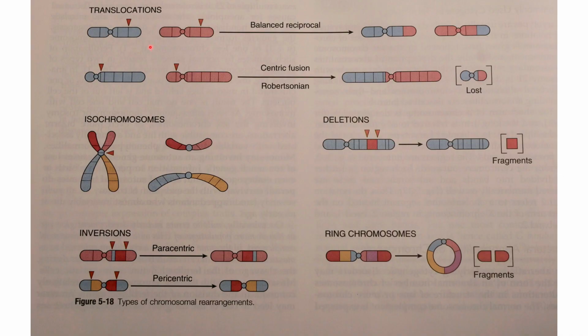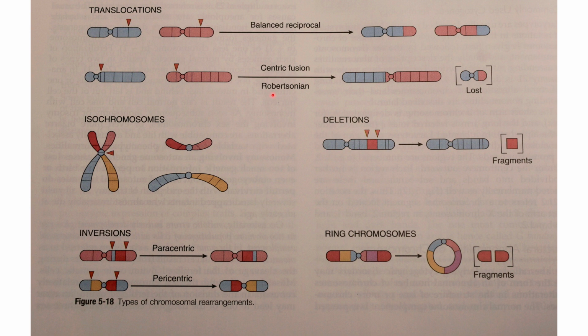So among the various changes you get, you have translocations, where you've got a gene here, a gene there, identical break locations with a balanced reciprocal translocation of material. You can also have centric fusion, the break at this point, the break at the other point, and you can get fusion of all of it with a lost smaller component.